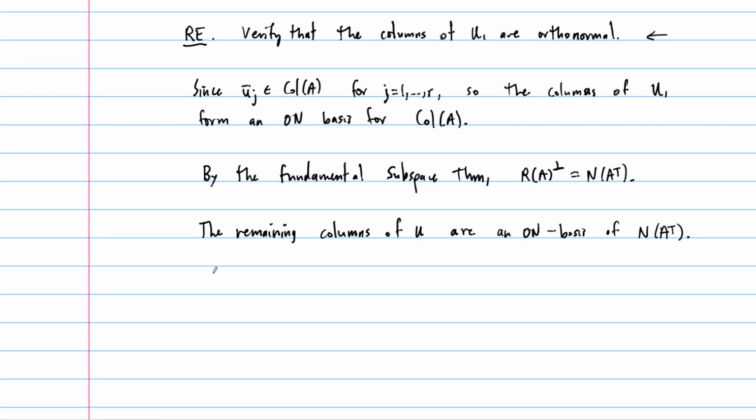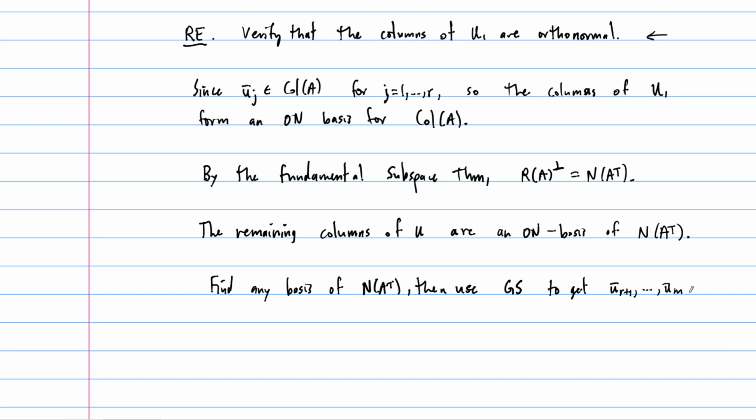So find any basis of the null space, then use the Gram-Schmidt method to get what we're going to call our U R plus 1 through UM in this case. Remember, U is an M by M matrix.